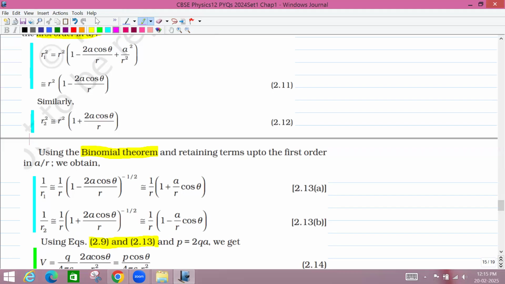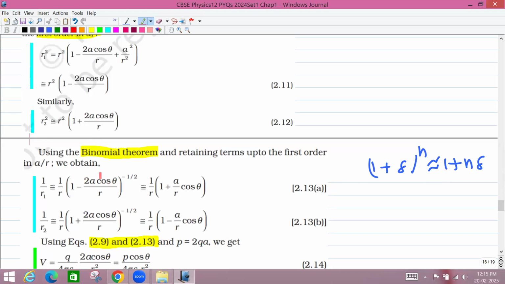Another binomial approximation is that 1 plus a small quantity delta raised to power n is approximately 1 plus n delta. This is a standard result. So this a by r is much less than 1, so this into cos theta is also much less than 1.